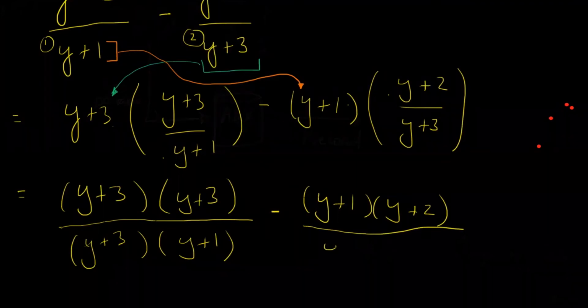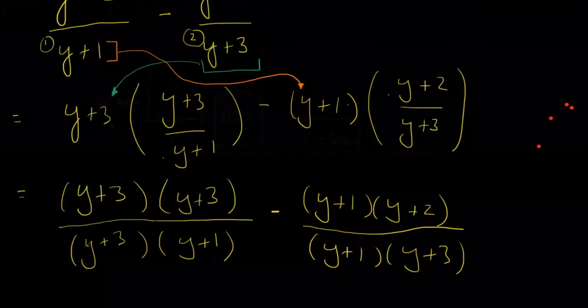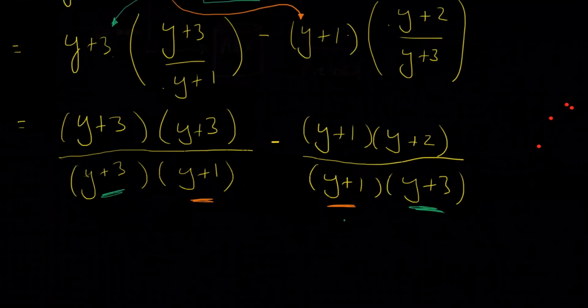So now I do y plus 1 and y plus 3. And guess what, ladies and gentlemen, please listen. This term is the same as that term, and I've also got this term as the same as that term. So they're exactly the same. So what I can do is rewrite this again.